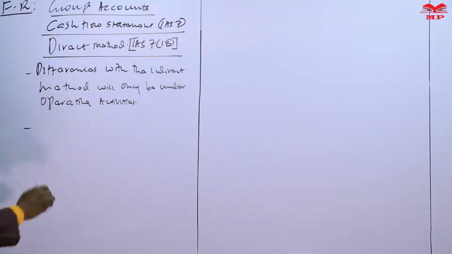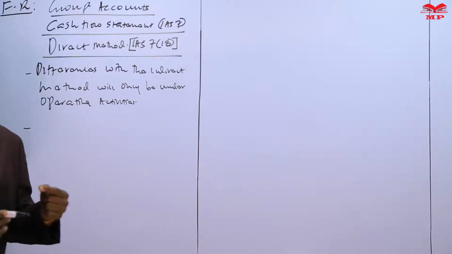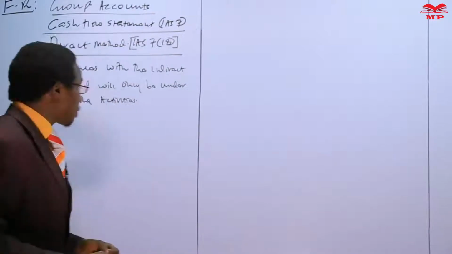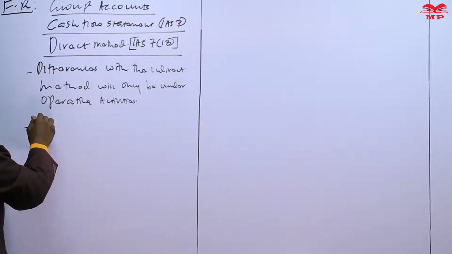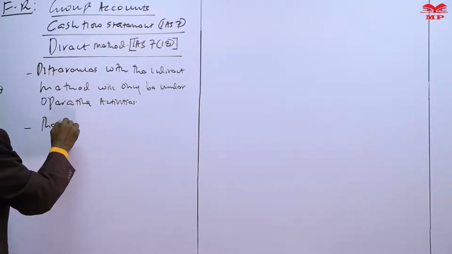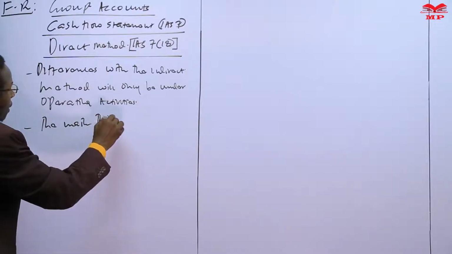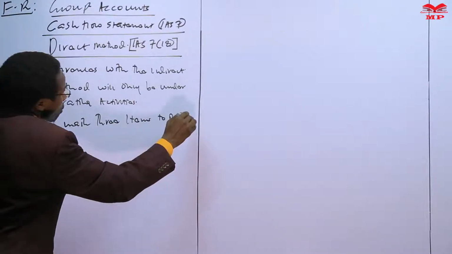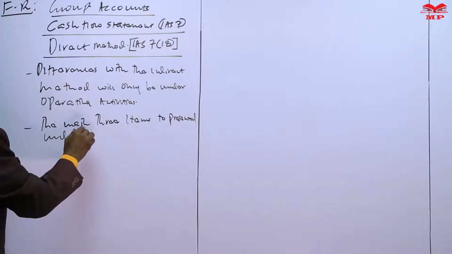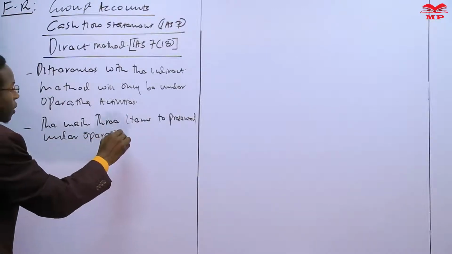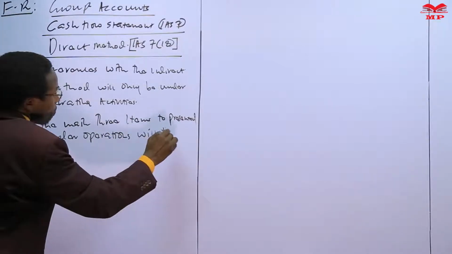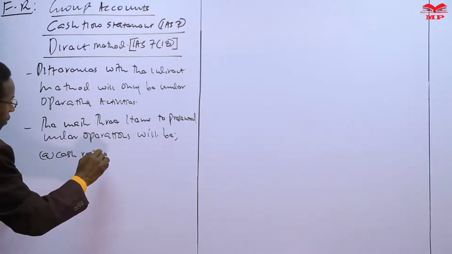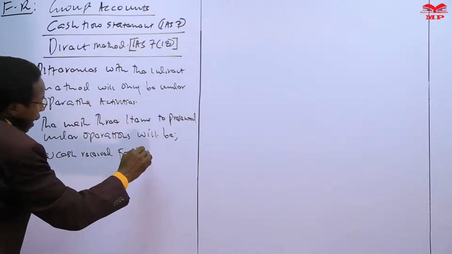That means in operating activities, we are only going to present the cash flows from operations based mainly on 3 items that we are going to identify. The main 3 items to be presented under operations will be: A, cash received from customers, that is an inflow.